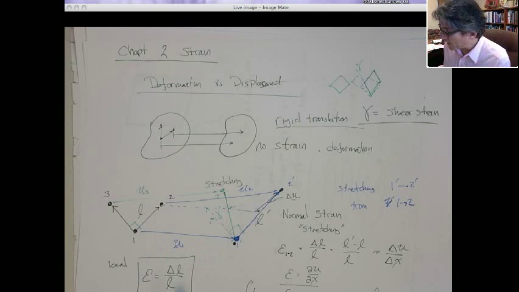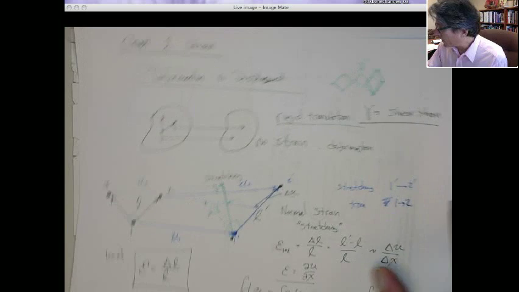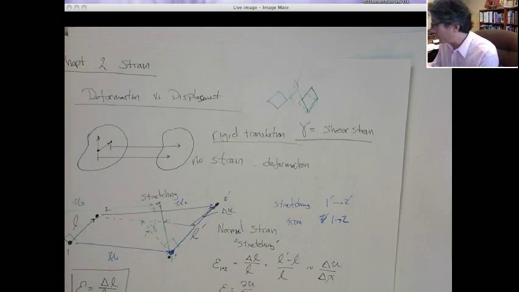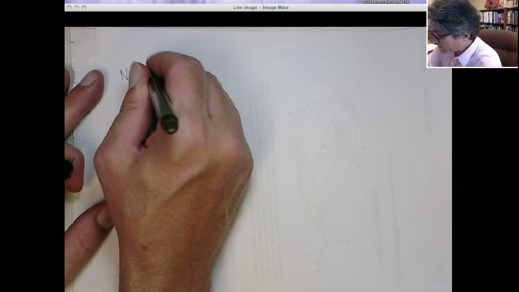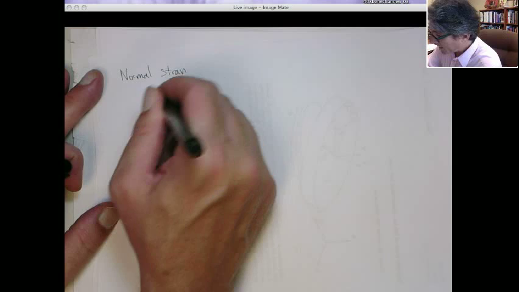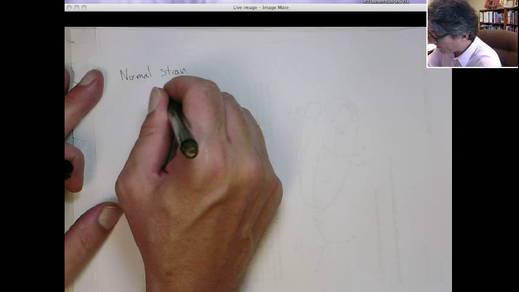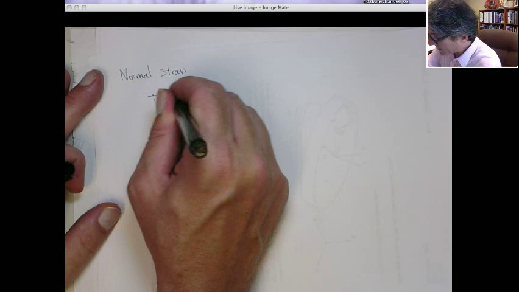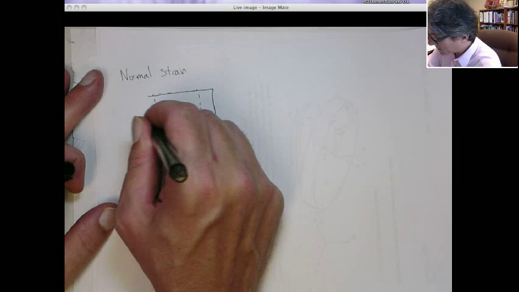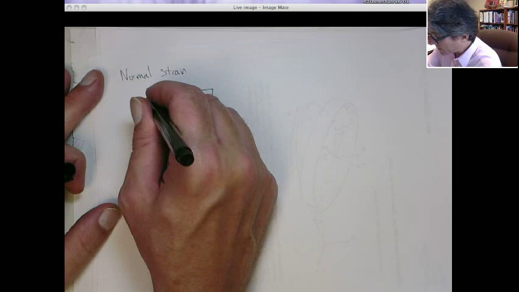There are 2 types of strains, the normal strain and then the shear strain, okay? The normal strain is associated with stretching. Just to summarize, normal strain has to do with stretching. So if here's your undeformed block, it will stretch into something like this.